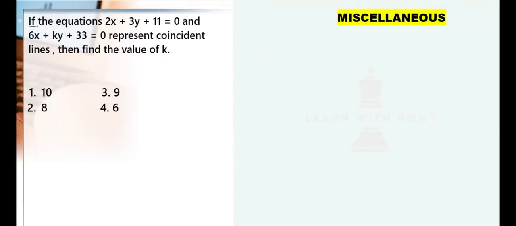See this one. If the equations 2x plus 3y plus 11 is 0 and 6x plus ky plus 33 is 0 represent coincident lines, find the value of k. Let us suppose two lines' equations a1x plus b1y plus c1 is 0 and a2x plus b2y plus c2 is 0.